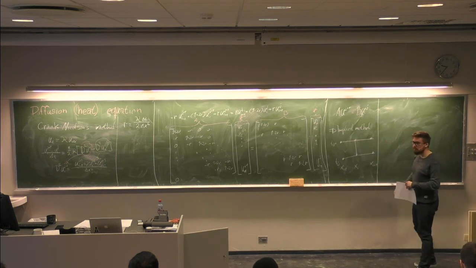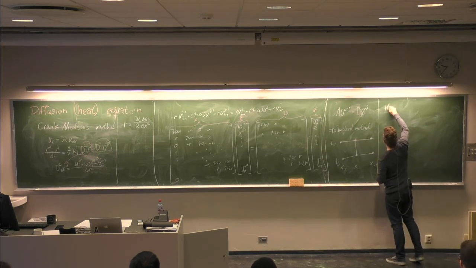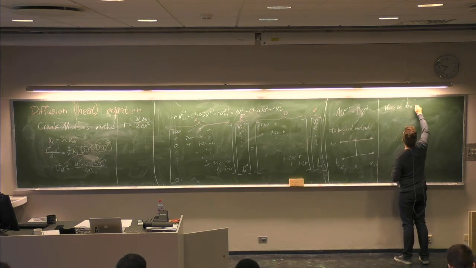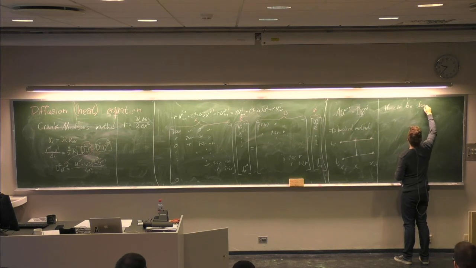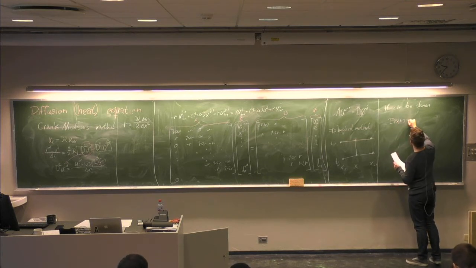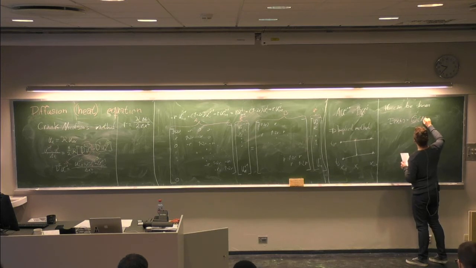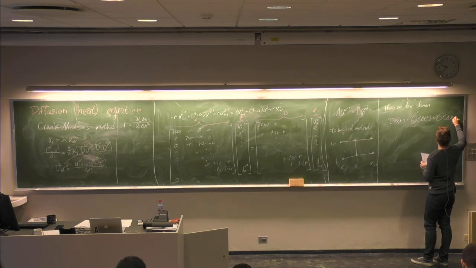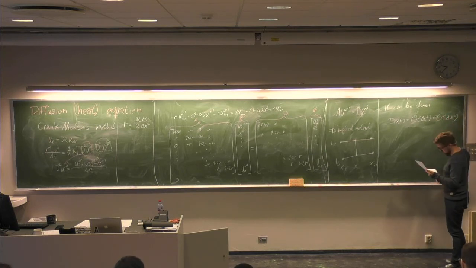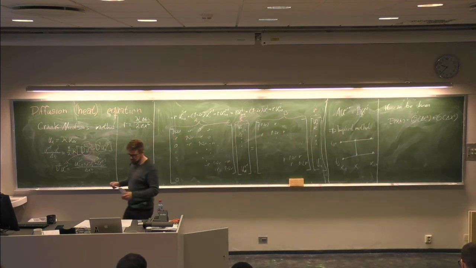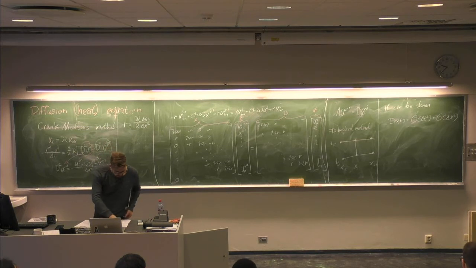Also, I'm not going to go through it, but it can be shown that the truncation error for this method is second order in time and second order in space, like so. So this is a more stable algorithm.